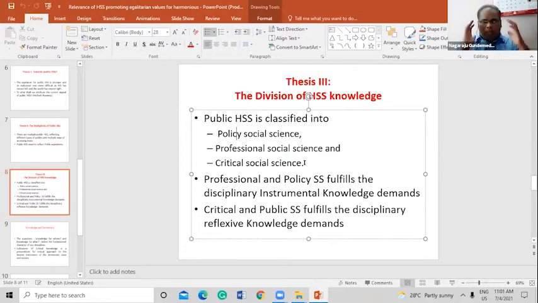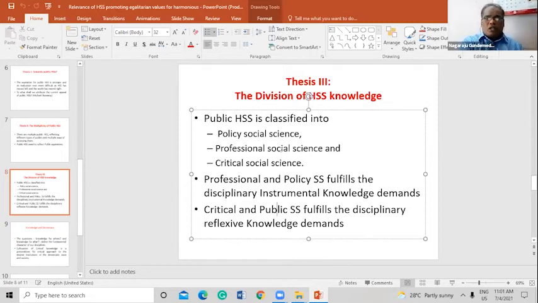Following Michael Burawoy, the public humanities and social sciences should work towards the framing of policies for the state as well as society, and also as a core agenda of the disciplinary demand.